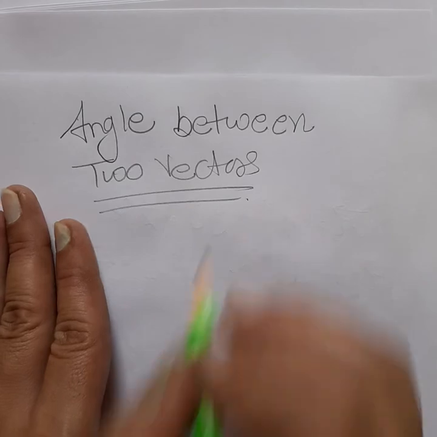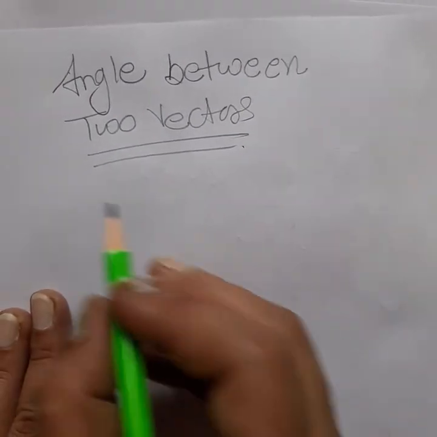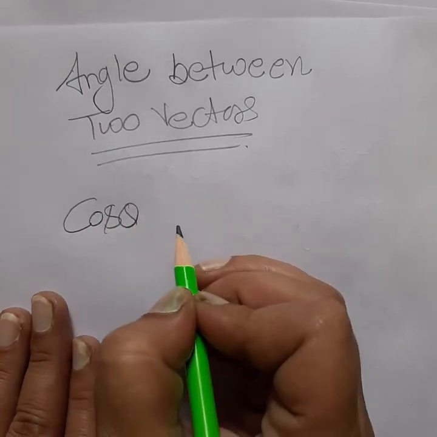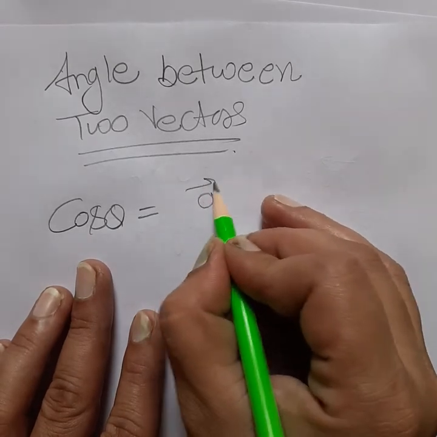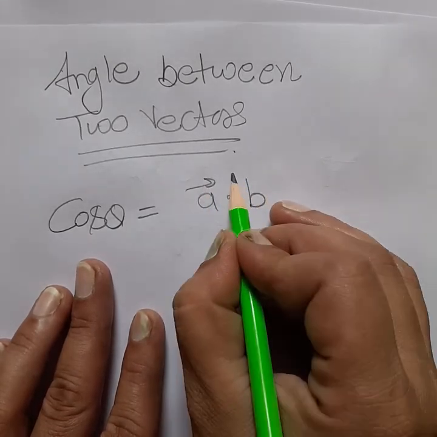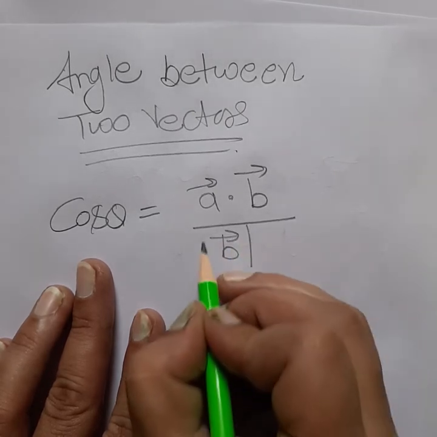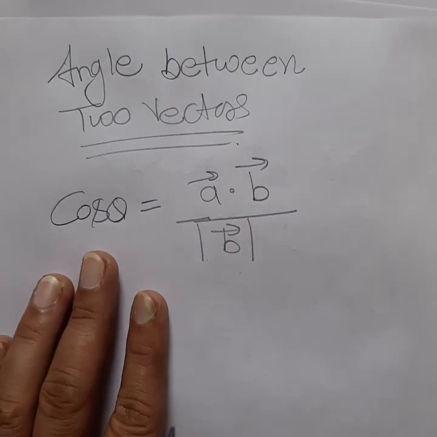Students, to find the angle we apply the formula cos theta, which is a vector dot b vector upon the magnitude of a vector times the magnitude of b vector.